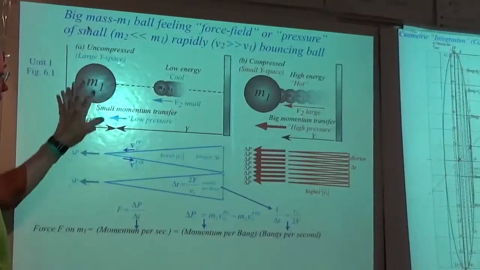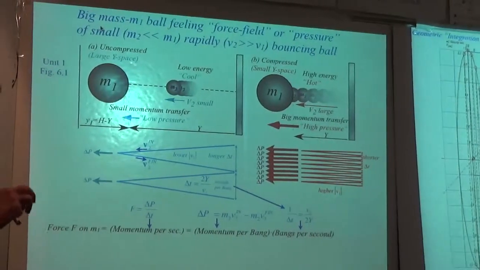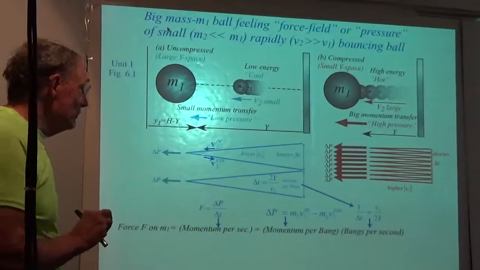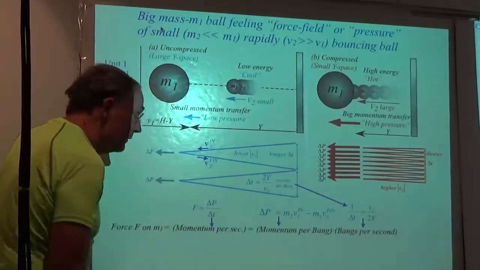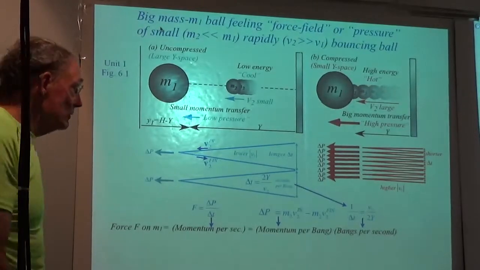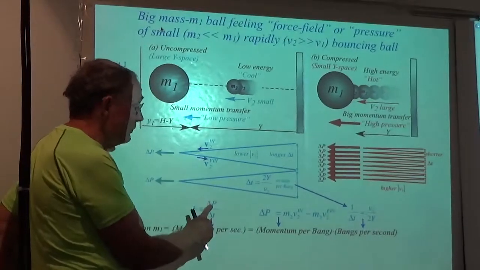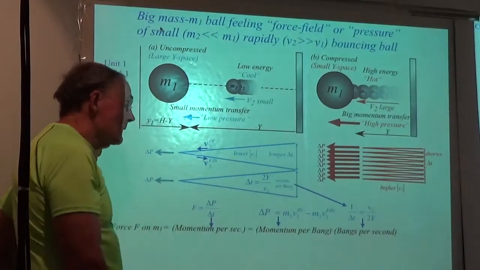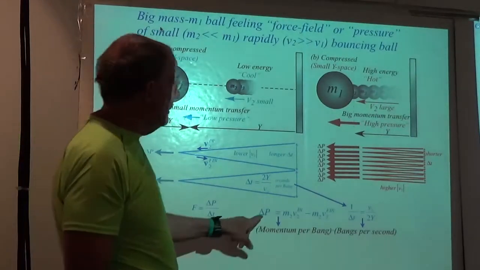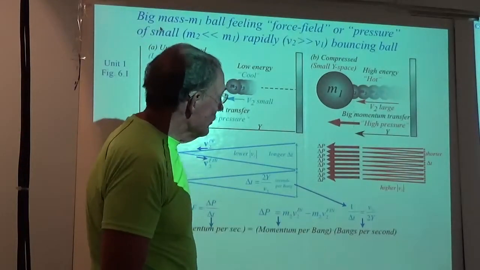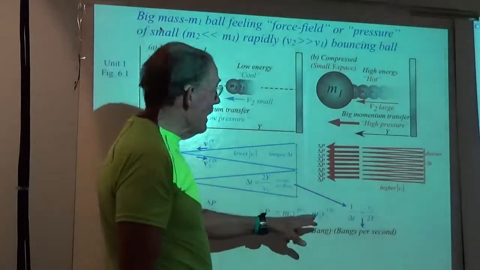So the force that this thing feels, if we make one more definition, is that the force something feels is the change in momentum per time. And we're going to be talking about discrete times, so we'll have discrete changes in momentum each time a collision occurs. And that delta p will be the change in the velocity of the number 2 mass.